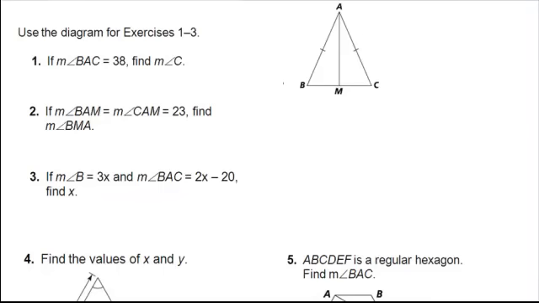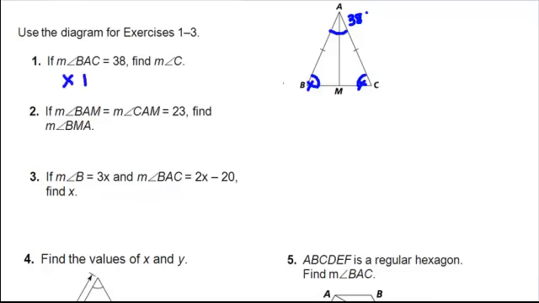Very first problem, number 1, says if angle BAC equals 38. So angle BAC, this great big angle, is 38 degrees. It says find angle C. Well, I know that these two angles must be equal. So let's call this x, and let's call this one x as well. The triangle sum theorem says all 3 angles must equal 180 degrees.